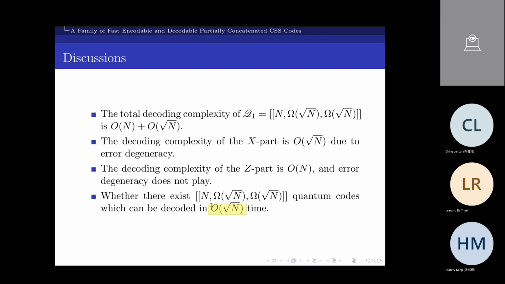It is possible to lower the decoding time of quantum codes. Here we only get the improvement for the X part due to error degeneracy, but for the Z part we do not get the improvement.